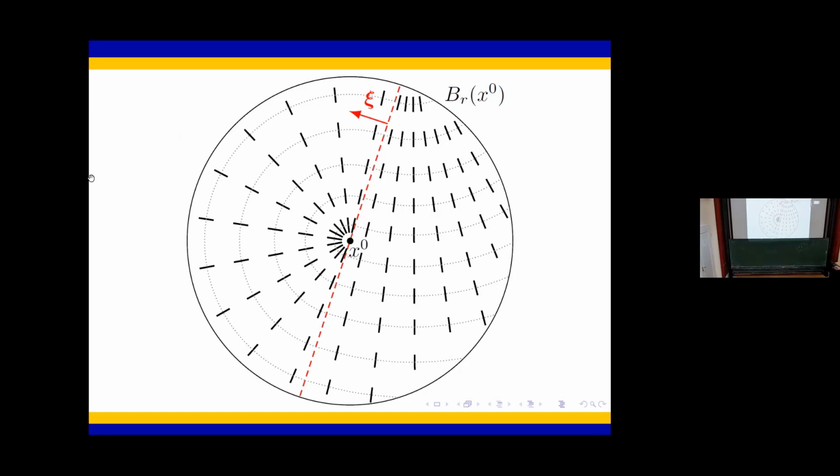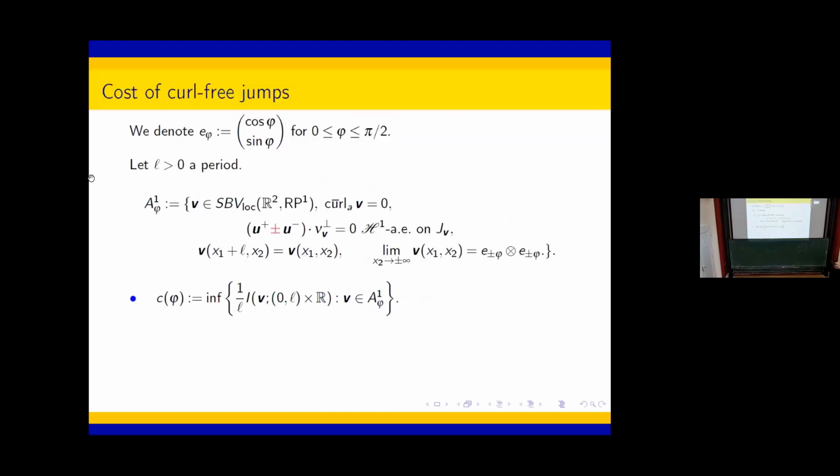So now we want to know what happens when the energy is not zero, and we want to compute the cost of a jump. We expect to have jumps. So to compute the cost of a jump, I note u plus and u minus, e phi and e minus phi. So it's a norm one vector with angle phi with respect to the horizontal line, and phi is between 0 and pi over 2.